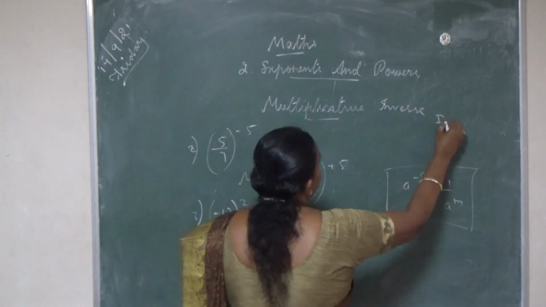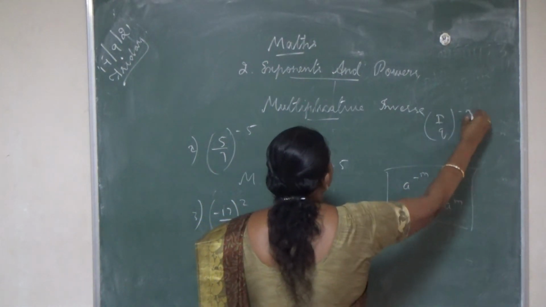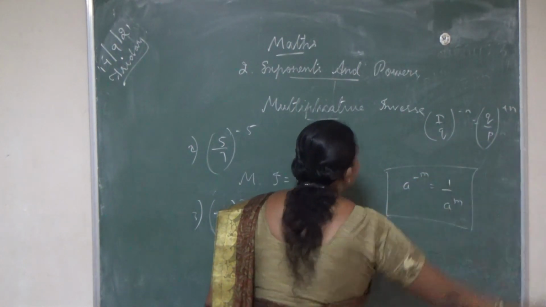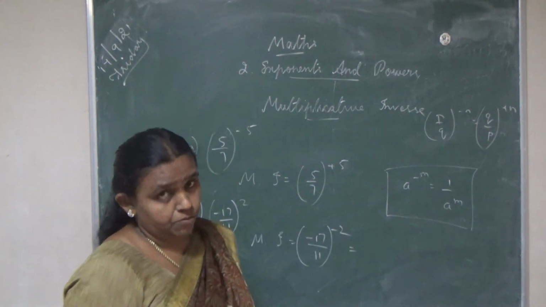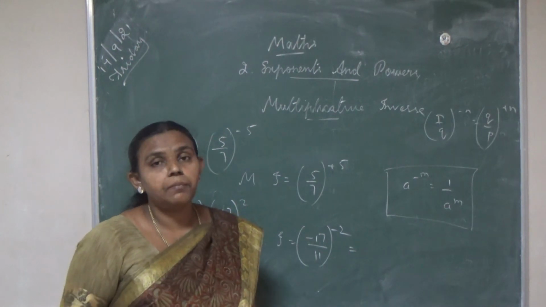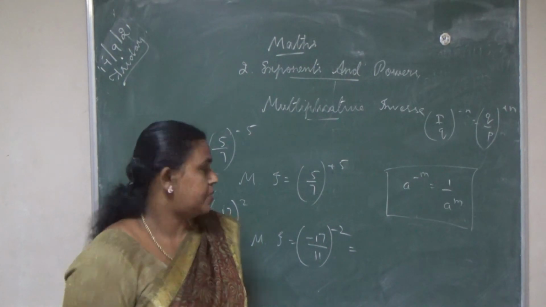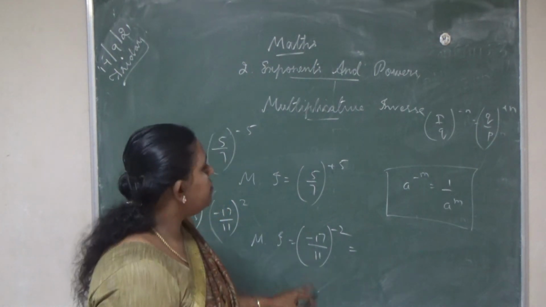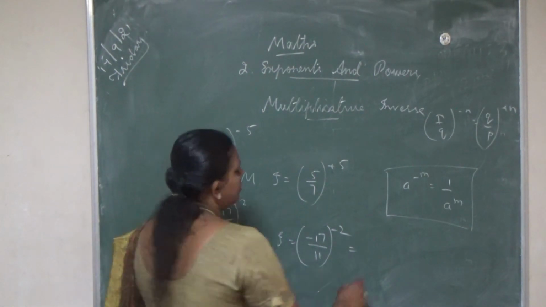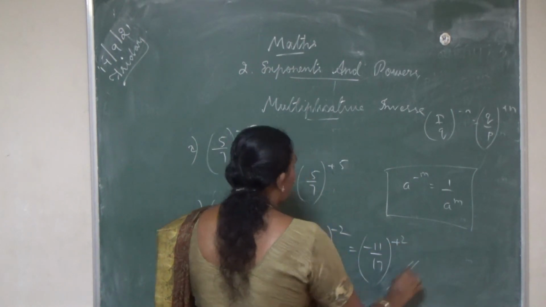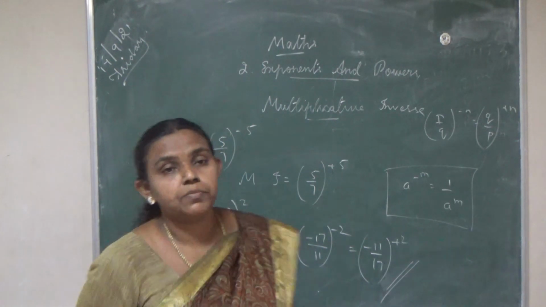I know p by q the whole power minus n is equal to q by p the whole power plus n. Is it? I want that number in the positive exponent. I don't want it in the negative exponent. So I know minus 17 by 11 the whole power minus 2 is equal to minus 11 by 17 the whole power plus 2.